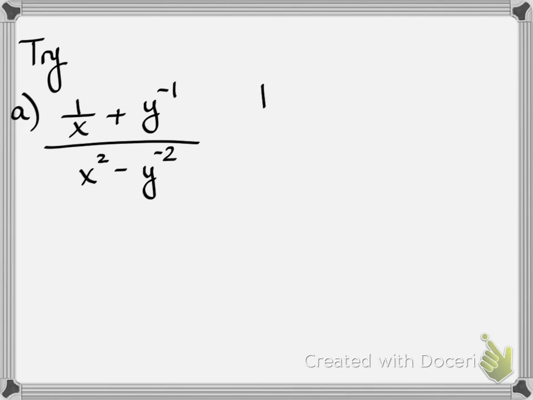Don't know what that one will turn out like. And let's do this. Let's do 4 plus y to the negative 1 over x to the negative 1 plus 5.